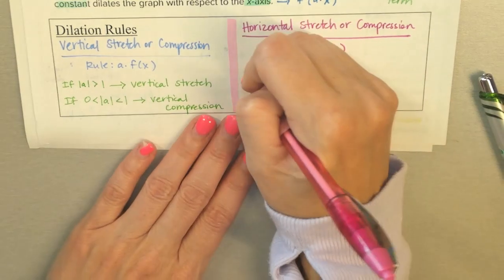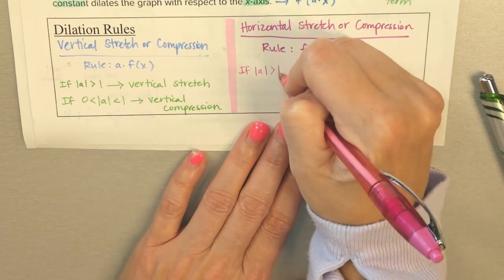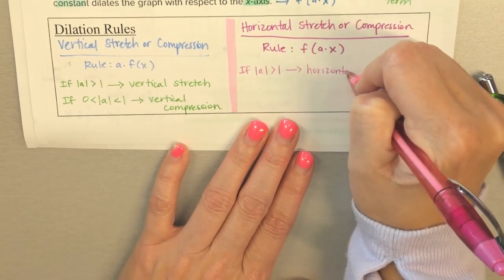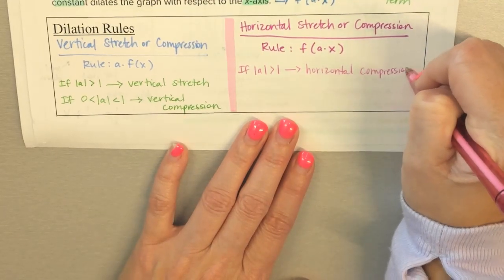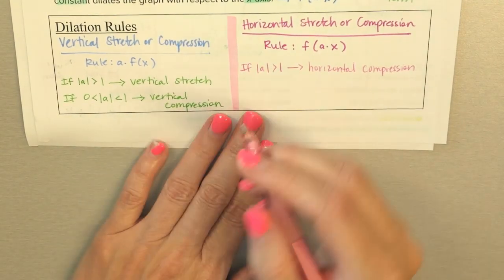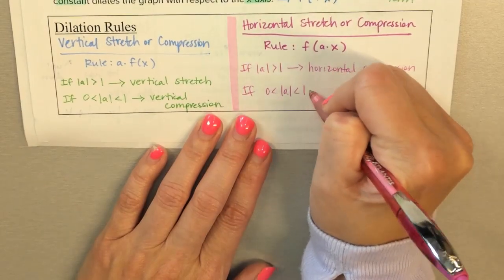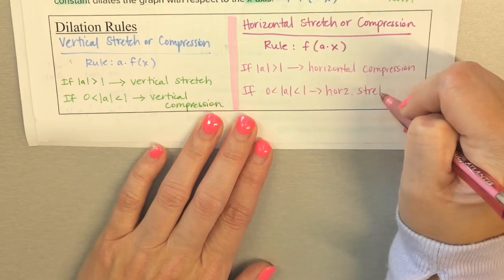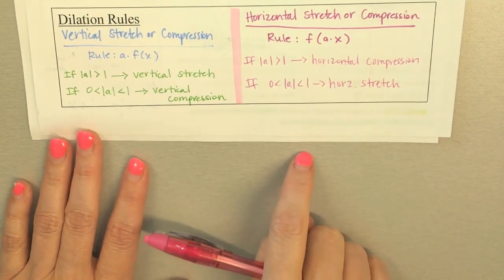If the absolute value of a is greater than 1, this is a horizontal compression. And if the value is between 0 and 1, this is a horizontal stretch. I'm okay if you abbreviate that, the HORC.